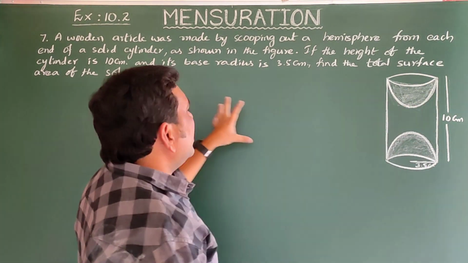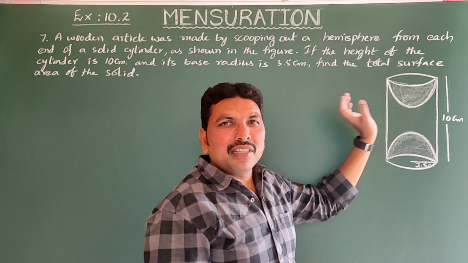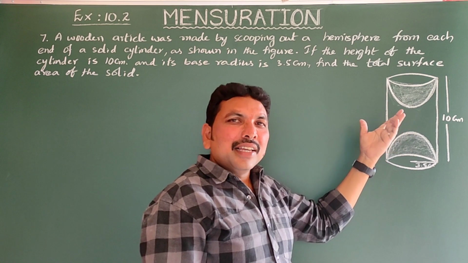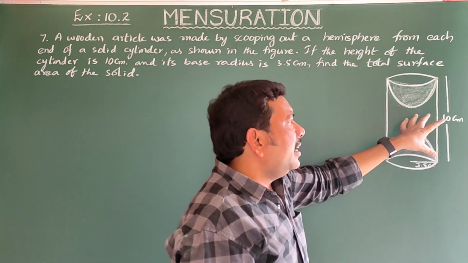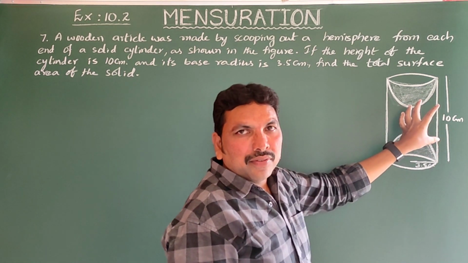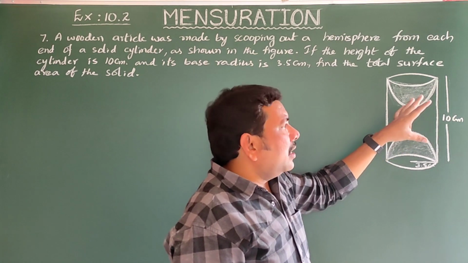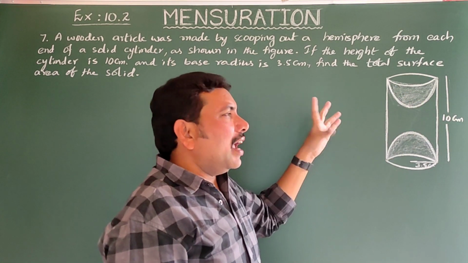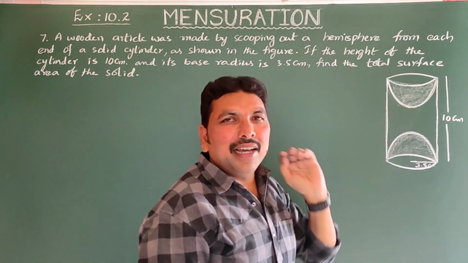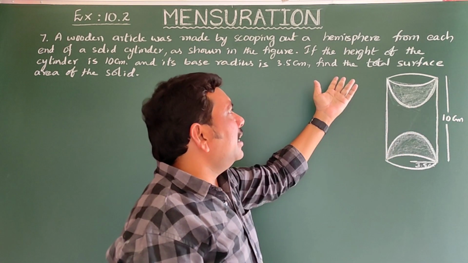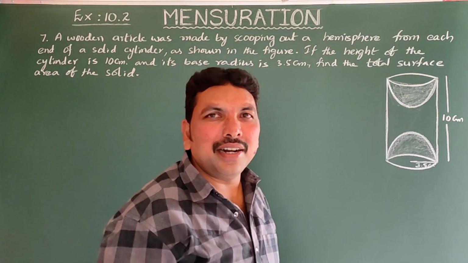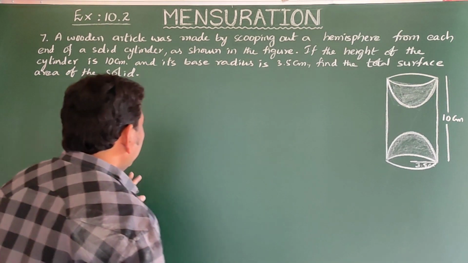Find the total surface area of the solid. How can you find this total surface area? First we have to find the CSA of the hemisphere, next multiply with 2. For that we have to add the CSA of the cylinder. Then we will get the total surface area of the wooden article. Right? Let us do.